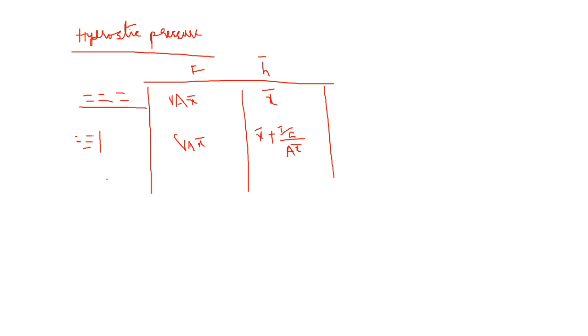Next, if you take the inclined object in the water, on this inclined surface the intensity of pressure is the same, gamma into area into x bar.